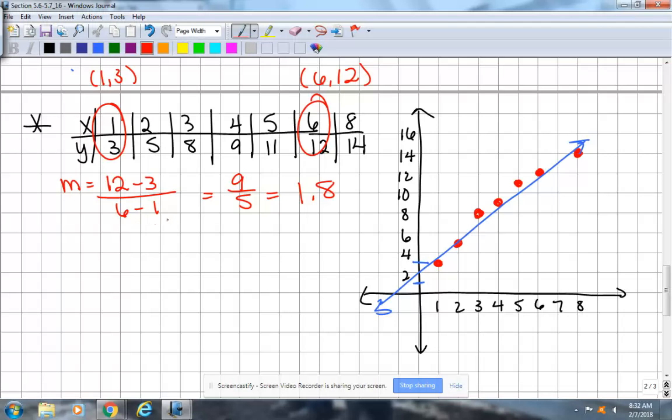That's wrong. That's why you got 5/9. Okay, so 1.8. So all of our slopes are similar to each other, aren't they?